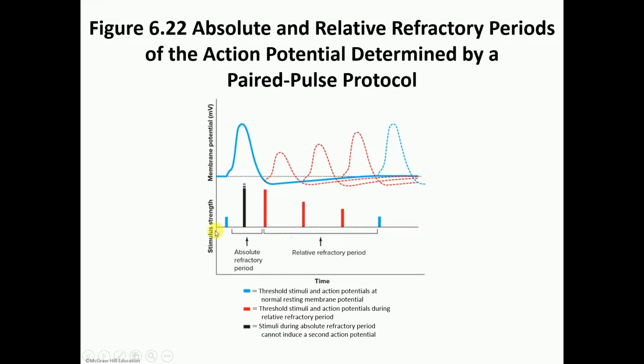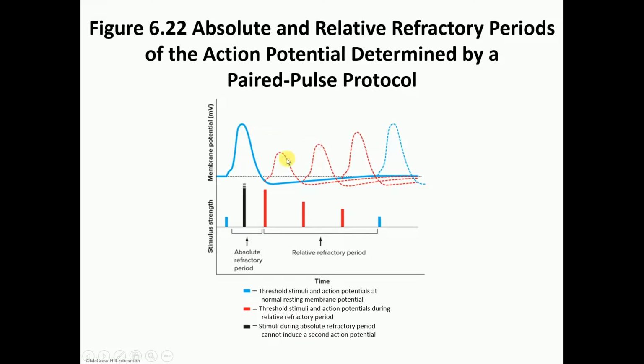So this right here corresponds to the strength of the different stimuli, and this looks at the curves that they might produce. You see here that the threshold stimulus led to a very normal blue action potential. Now right here during the absolute refractory period, this stronger than normal stimulus, which you see is much stronger than normal, was applied, but the nerve did not respond.